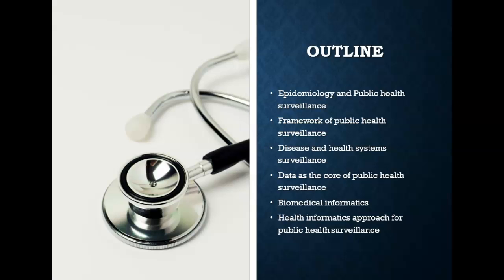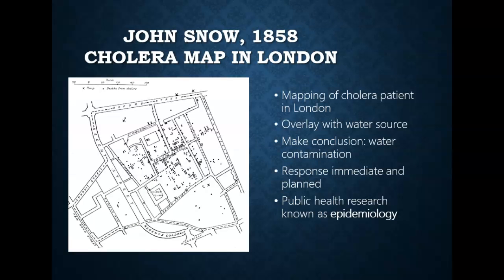In today's brief clip, I will be going over some of the basics of epidemiology and public health. I'll also give you an overview of how surveillance fits into all of these broad concepts and ideas. But before I can start talking about epidemiology, we have to mention the father of modern epidemiology, John Snow.